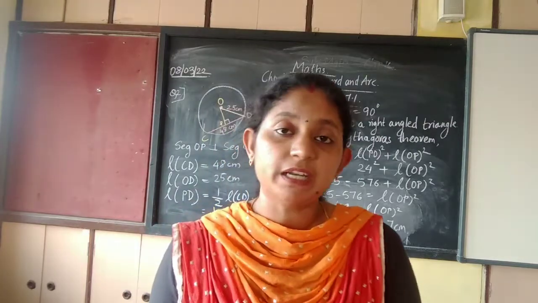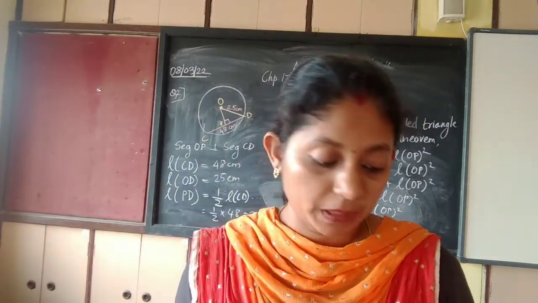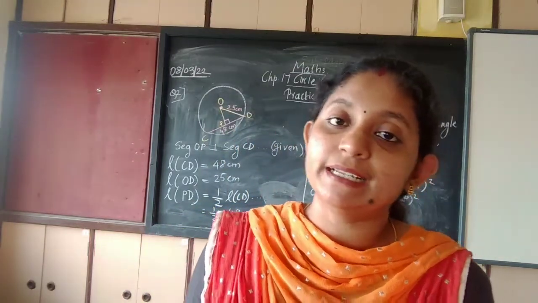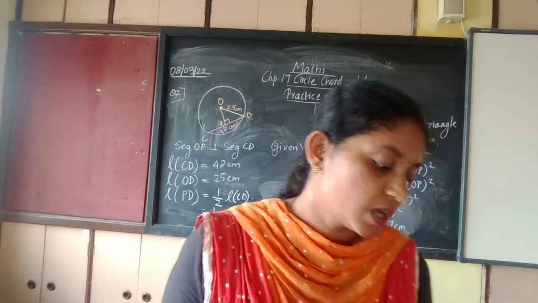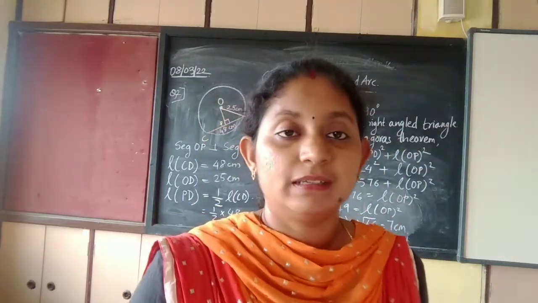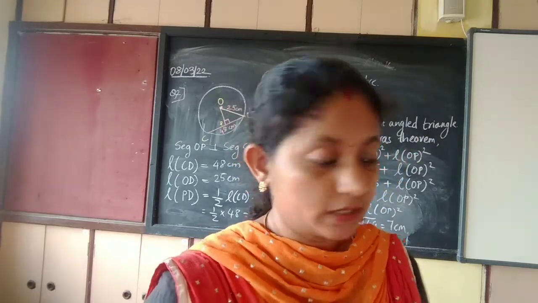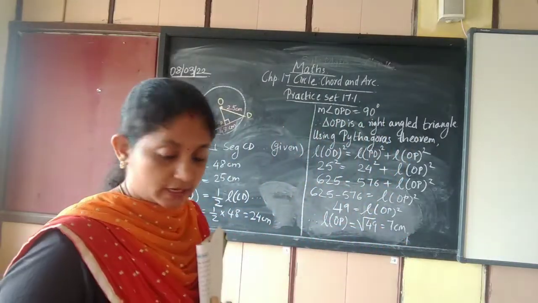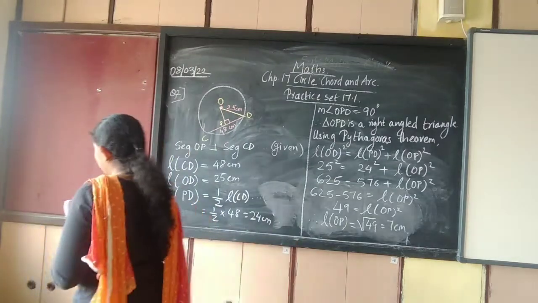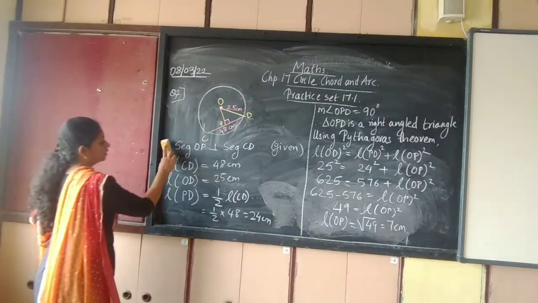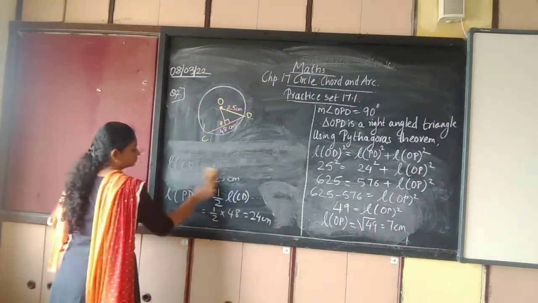But in the question they did not mention that find length OP. What they have mentioned in a sentence is the distance of chord from its center. So we have to write that final sentence itself. So let's write that. After writing this, you are going to copy whatever I am writing here.